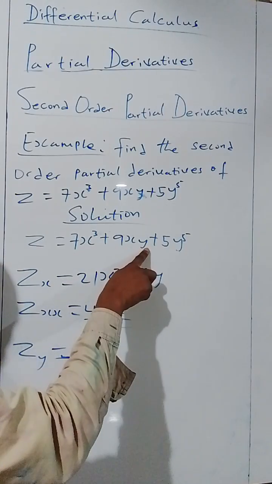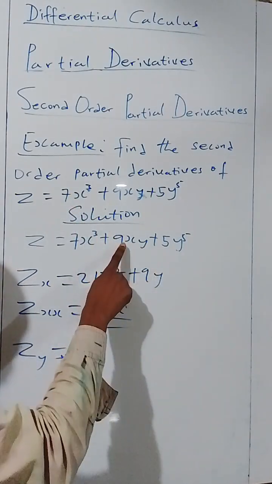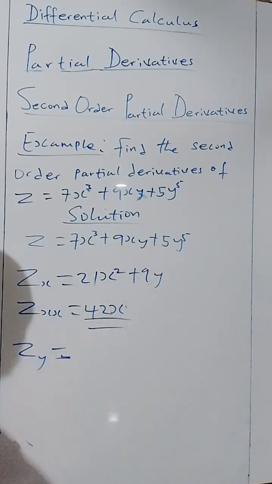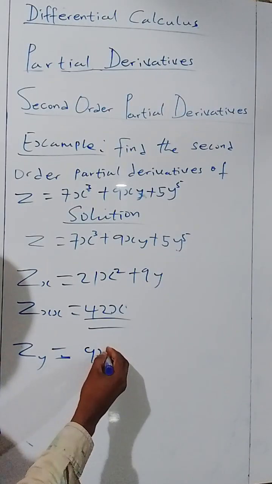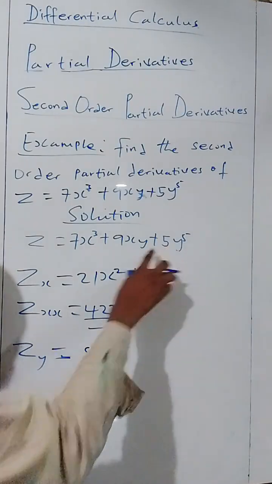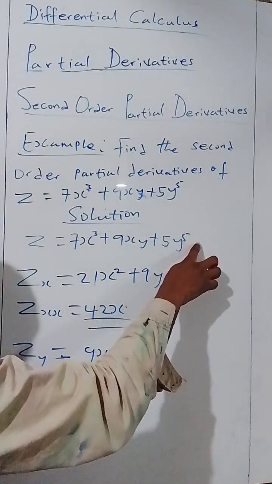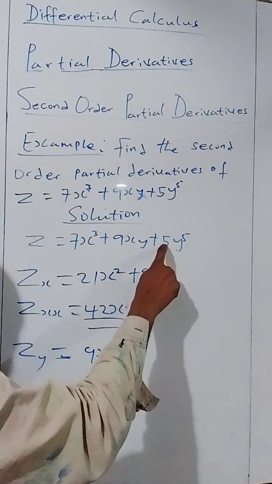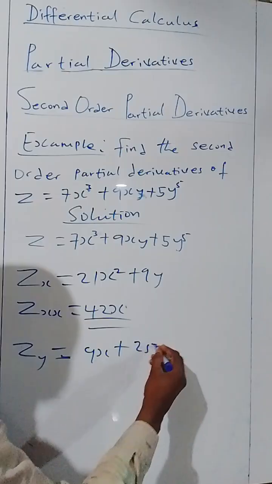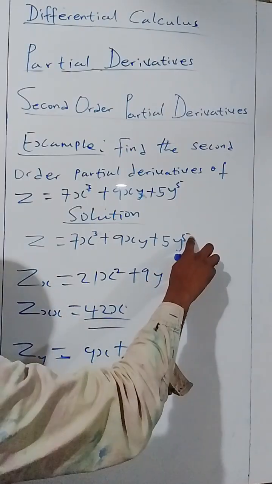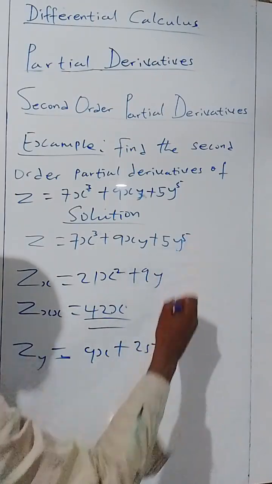When we differentiate y, it becomes 1. So we have 9 times x times 1, that is 9x. Then you have plus. The next term contains the relevant variable y, so we differentiate that. 5 times 5 is 25, then we have y, and you subtract 1 from the power, 5 minus 1, that is 4.